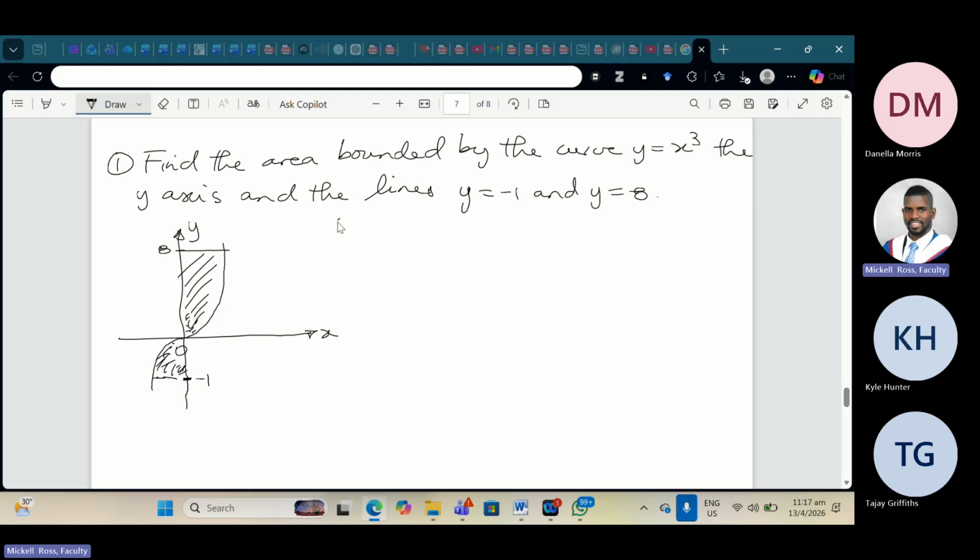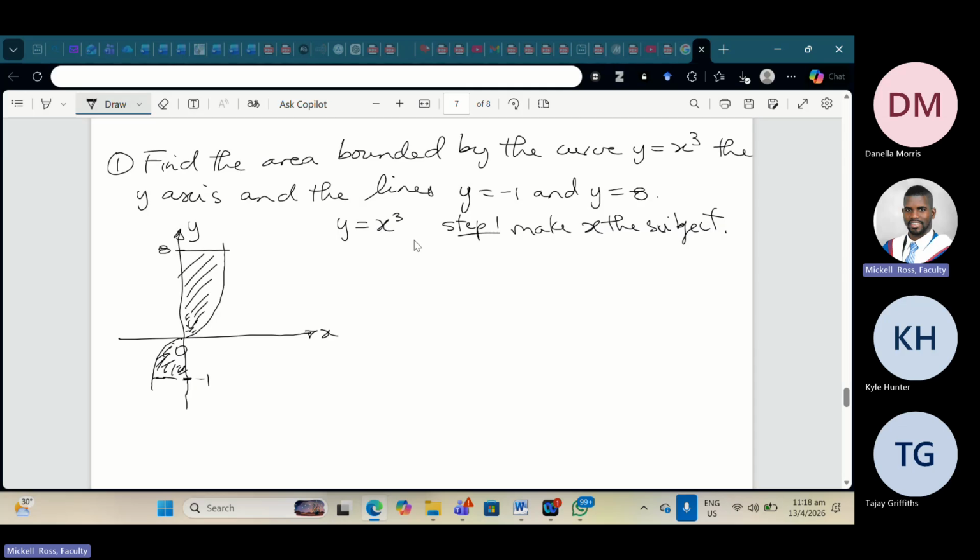So please note we have the function y is equal to x cubed, all right? And we are looking to integrate this function. But because y is written in terms of x, what we have to do, step 1, is make x the subject, because y is already the subject.